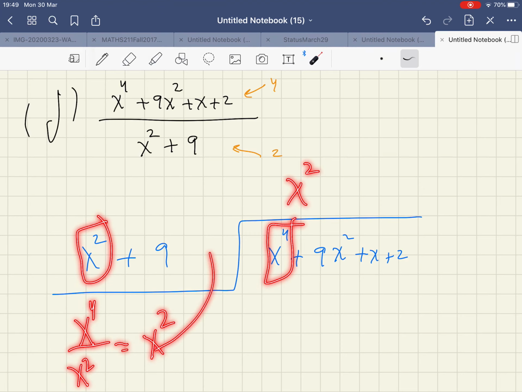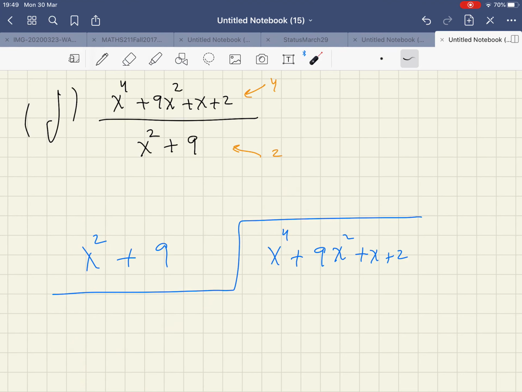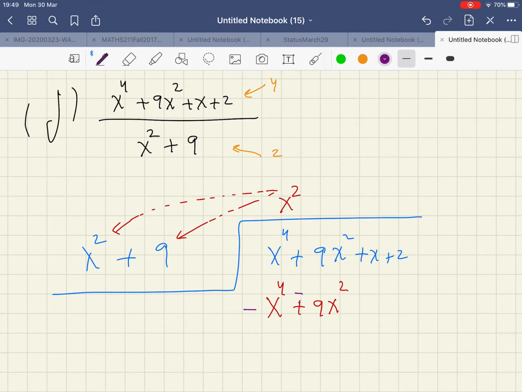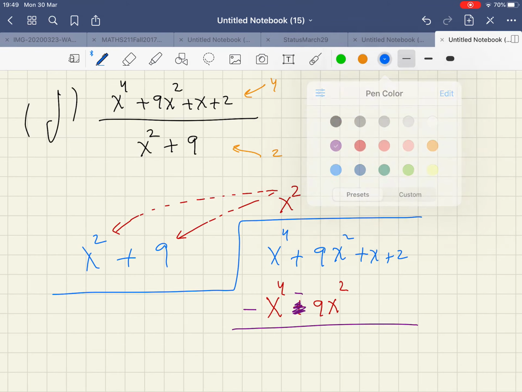Write it down here. So this x squared. Now you multiply x squared by x squared, x squared by 9. So you get x to the 4th plus 9x squared. The next step, change the sign. If it's positive, make it negative. Now add them. Just add top and bottom.